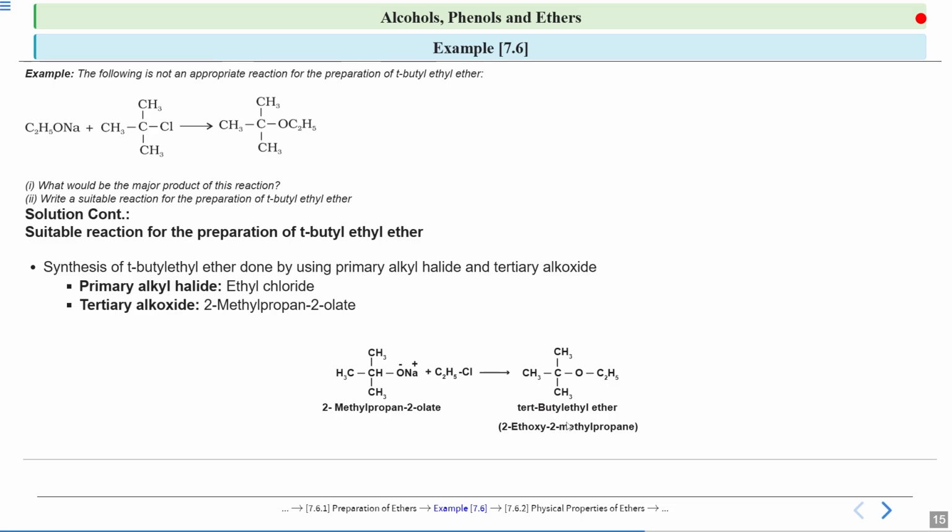So this will be tertiary butyl ethyl ether, or you can call it 2-ethoxy-2-methylpropane. So remember, if you have to form an ether, you will always take a primary alkyl halide. If you take a primary alkyl halide, then you will form an ether. Okay, so let's move forward.